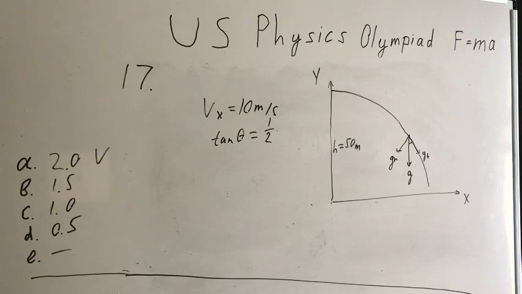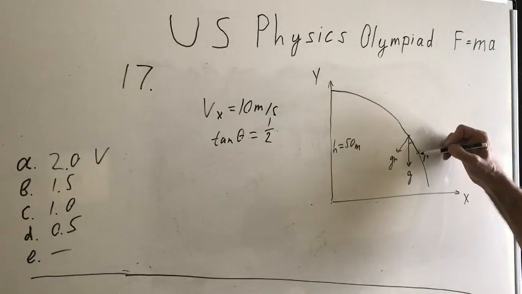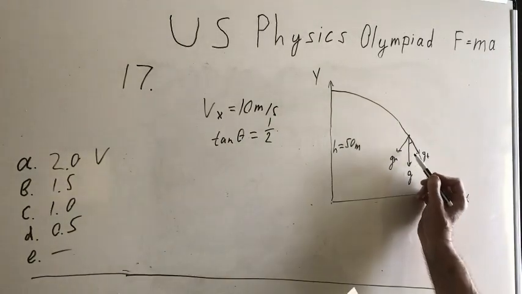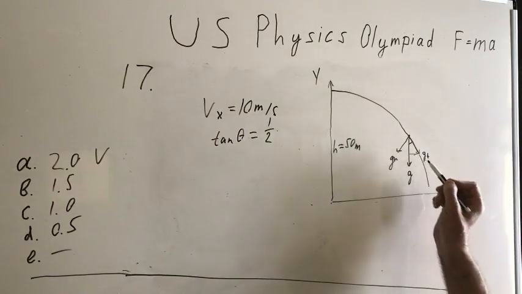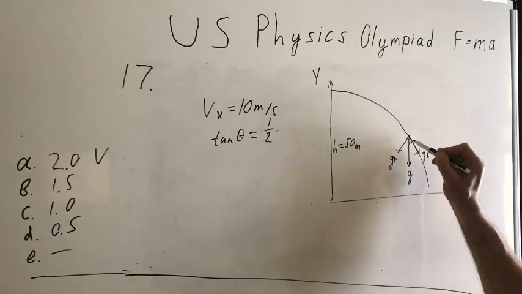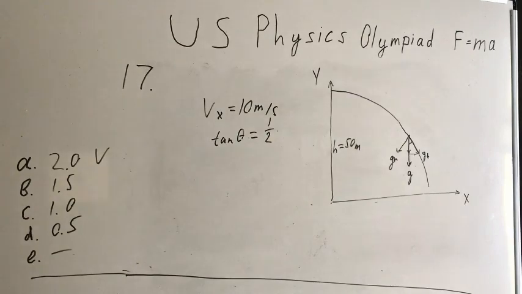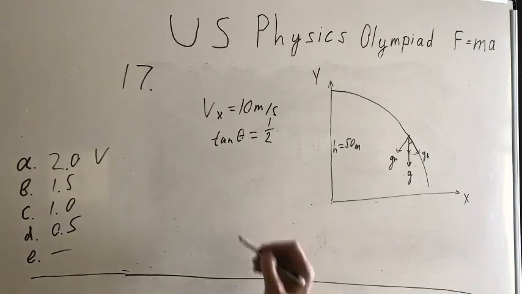That's from one hand. From the other hand, we have velocity, and we can split the velocity into horizontal and vertical components. For such a split, the tangent of this angle equals Vx over Vy.